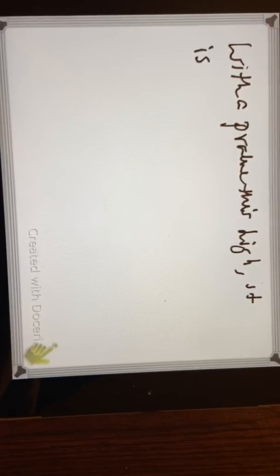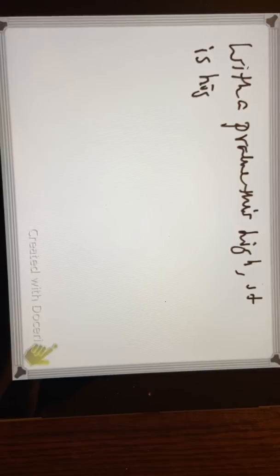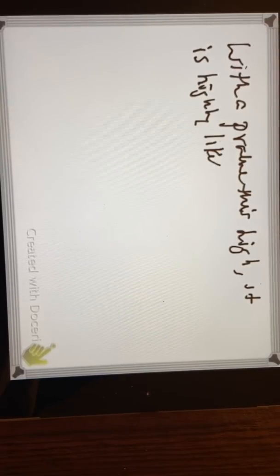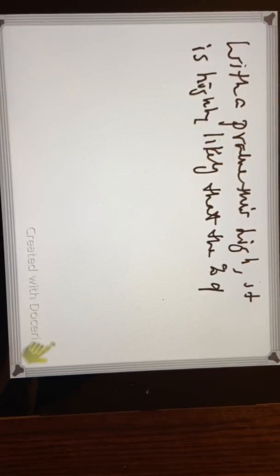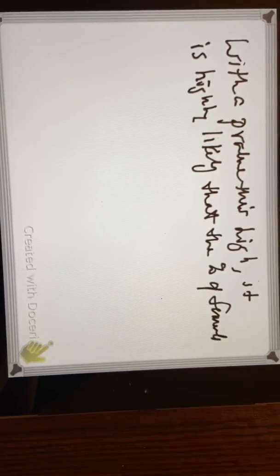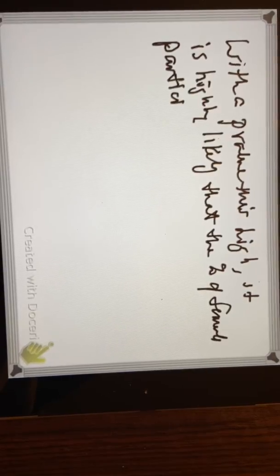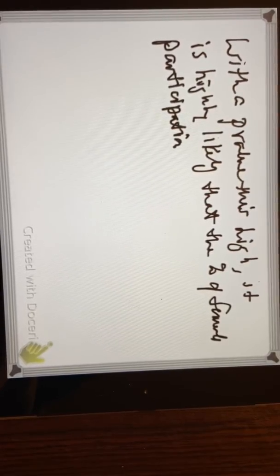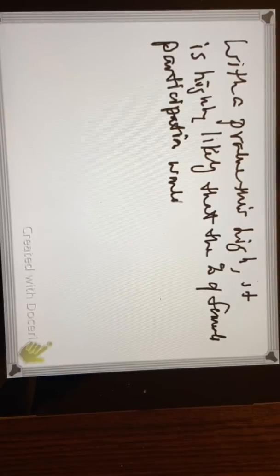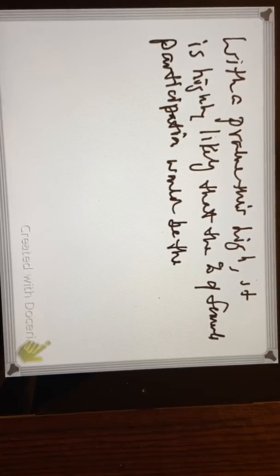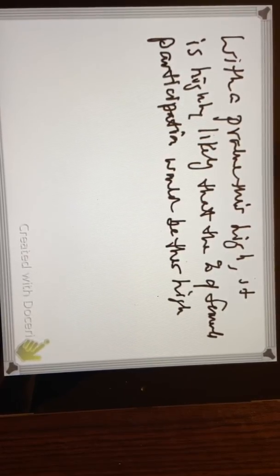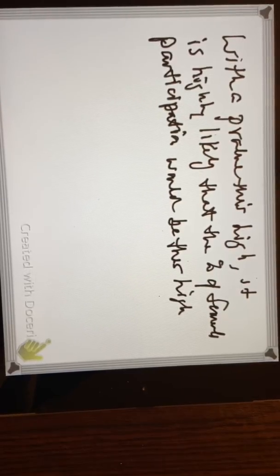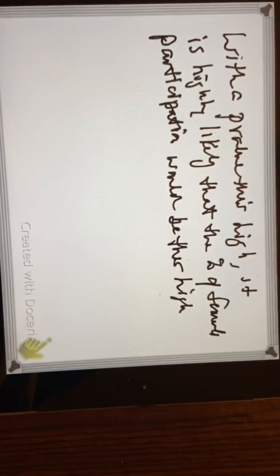It is highly likely that the percent of female participation would be this, and in this case, high, because this is my alternative, because I want to be greater than what my null was.